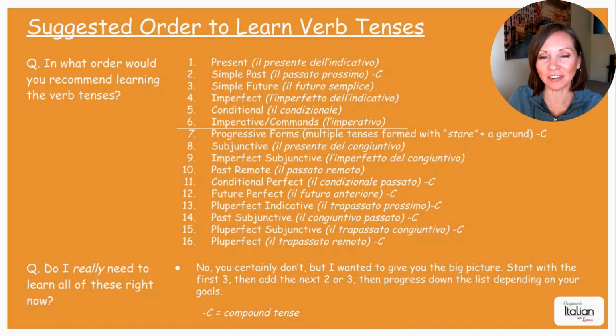So I realized that he didn't have the big picture, and I wanted to give you that big picture so that you know how far you are in terms of how many verb tenses you've already learned, and so that you don't feel like it's never ending. There is a finite amount of verb tenses, so just take it one at a time and start with the present. Then I would say the simple past, simple future, and so on and so forth.